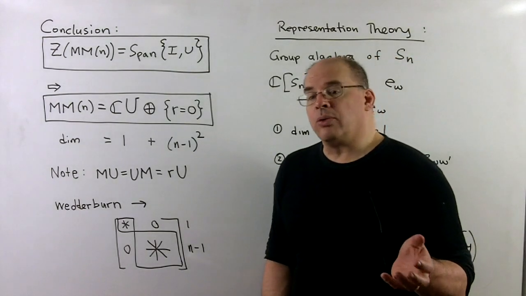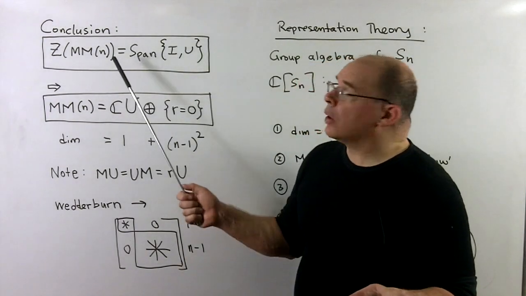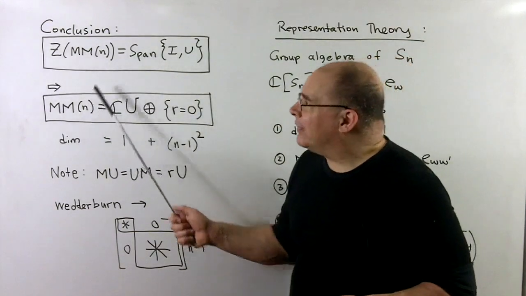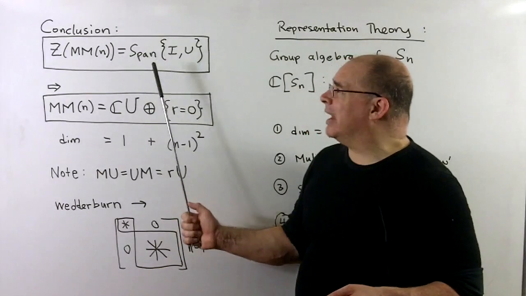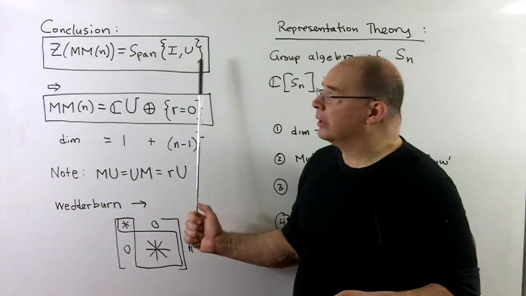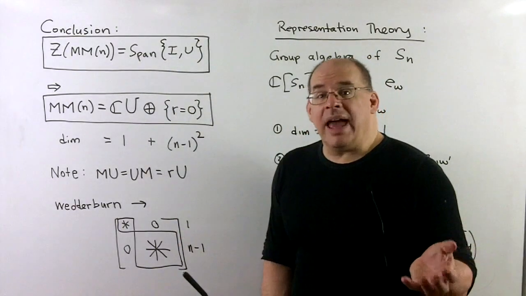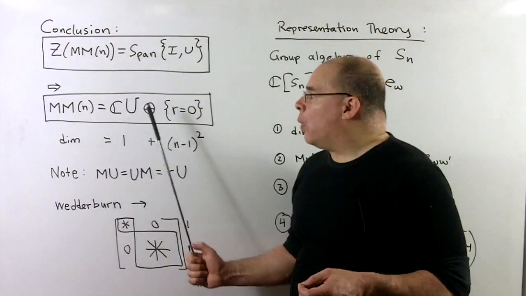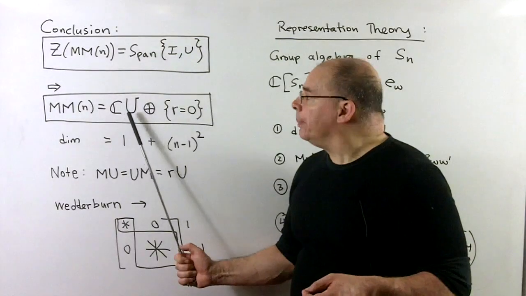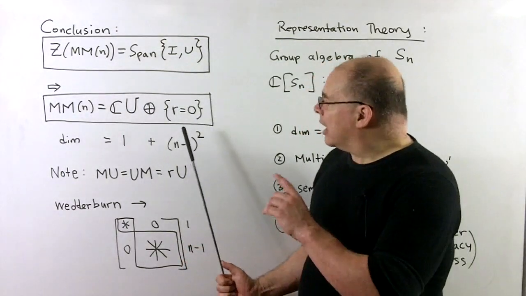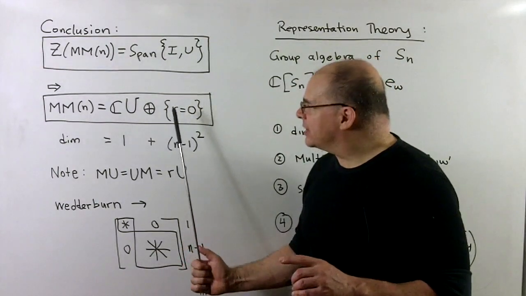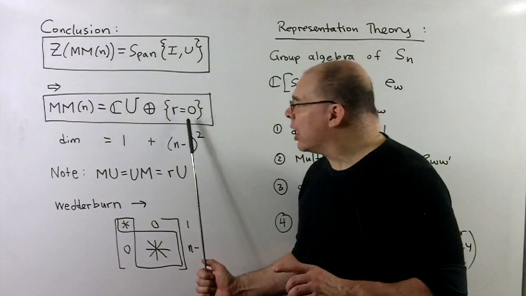Now, we could either run the argument backwards, or we could just compute that U is in the center directly. Either way, we have that the center of MMN is in the span of the identity matrix and U. That means MMN has two blocks using the Wedderburn theorem. We have a one-dimensional subalgebra generated by U. We have an n-1 by n-1 subalgebra generated by the semi-magic matrices with line sum 0.